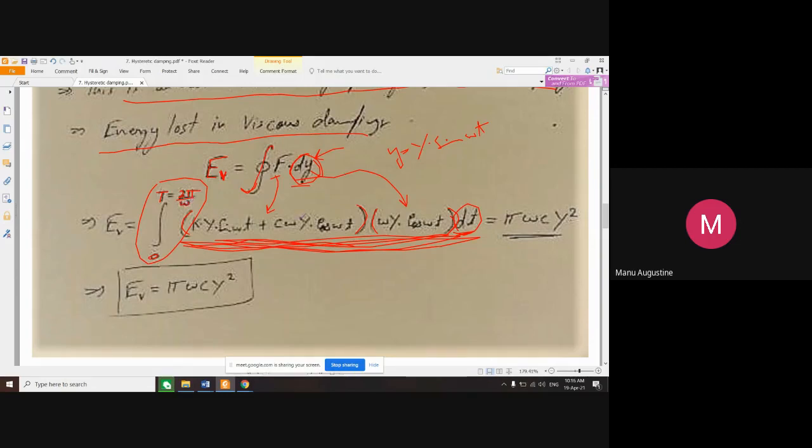Now, although I could ask you to perform this integration on your own, I will quickly go through the steps of integration so that you will feel more comfortable with the mathematics. Otherwise, it would be actually a very good exercise to ask you guys to integrate this whole expression on your own and see whether you get this expression or not.